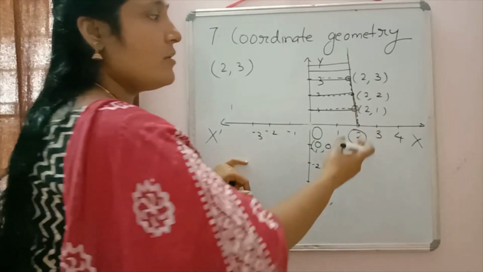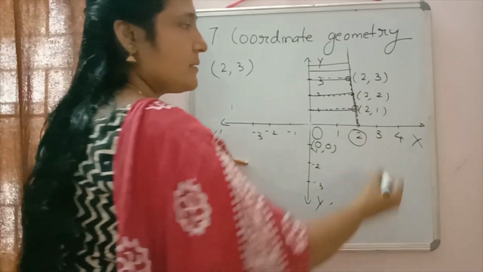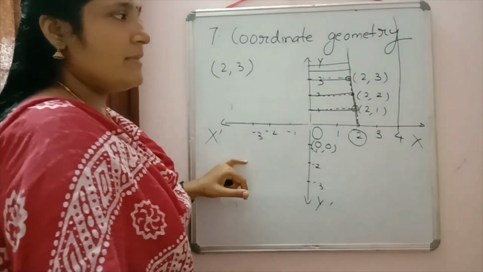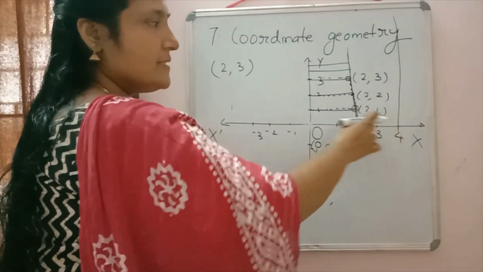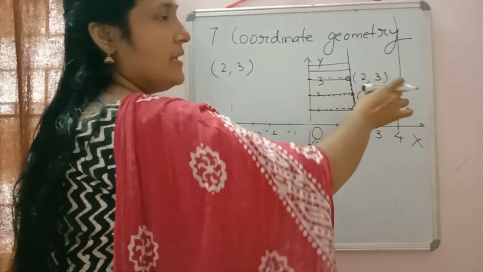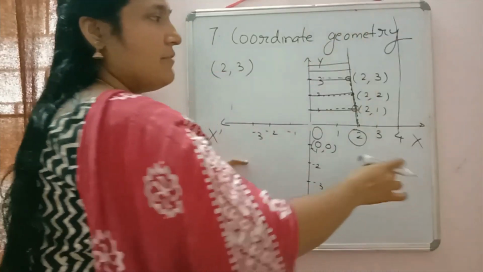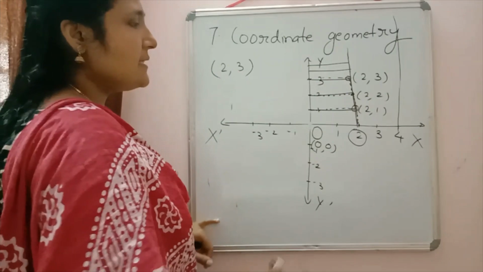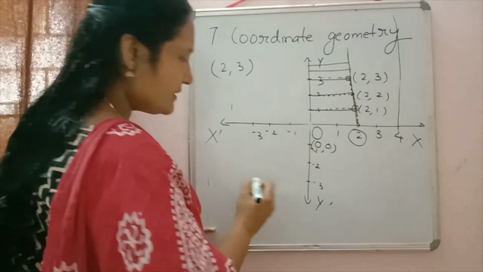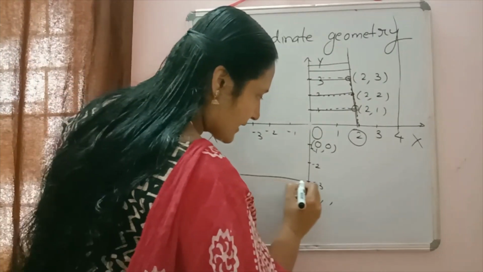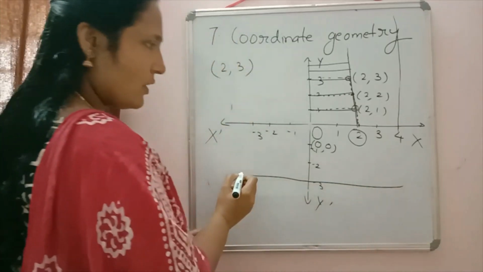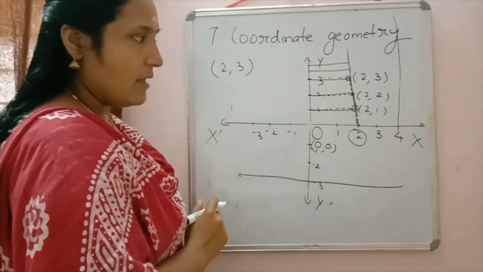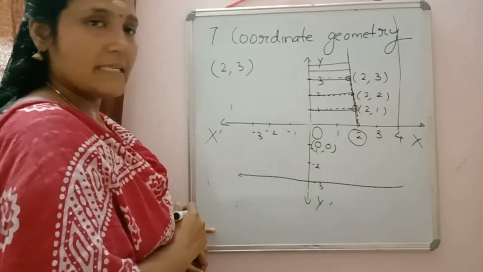It is not necessary that x will always be equal to 2 only. Suppose I have drawn a line in this way, then which value remains unchanged? X coordinate will remain unchanged. So equation of this line will be x is equal to 4. In the same way, suppose I draw a line which is parallel to x-axis. Can you tell me what will be the equation of this line?